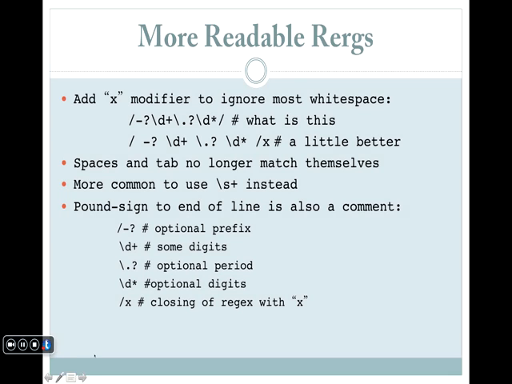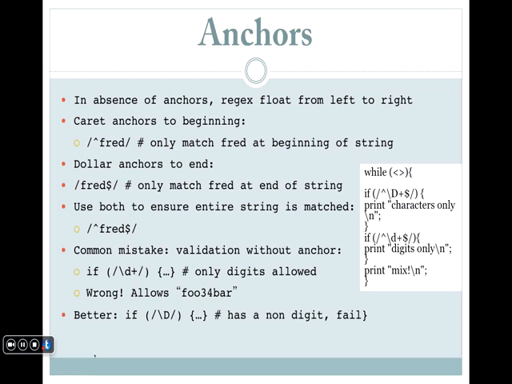So what else? Anchors. This is a very important part of regular expressions. We have a better way to write regular expressions, which means that we can use some specific types of anchors.